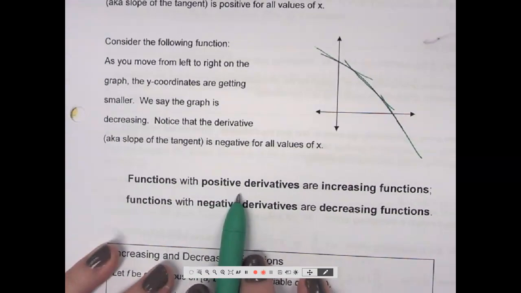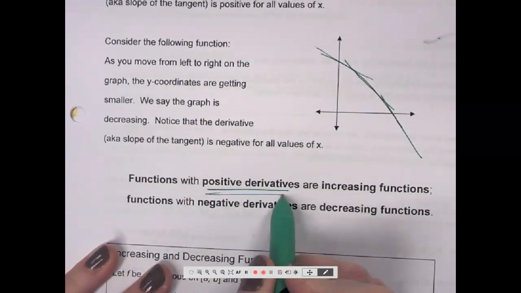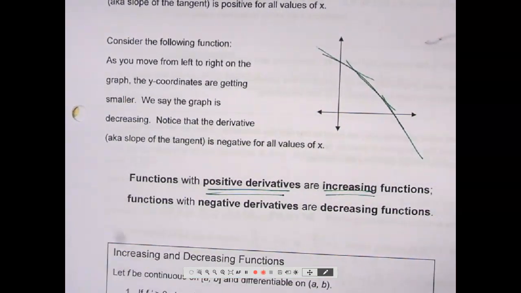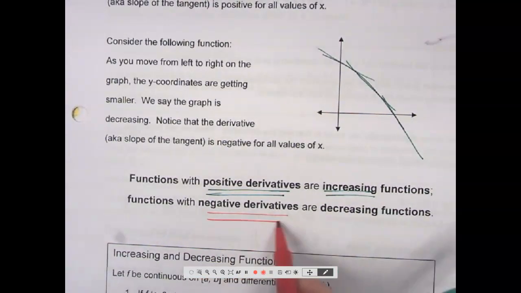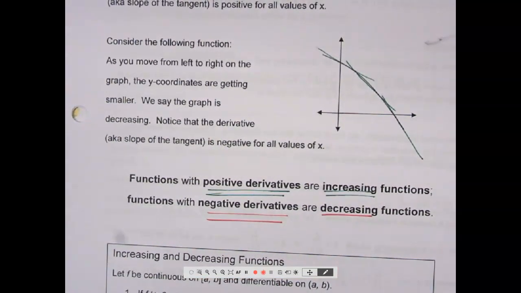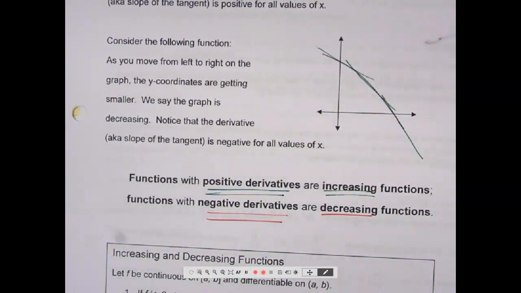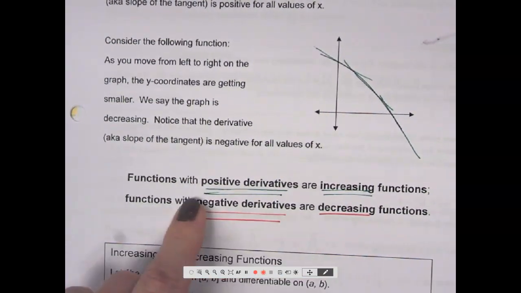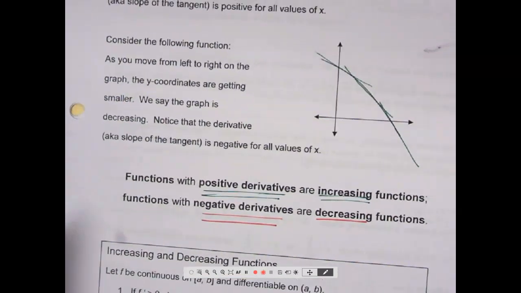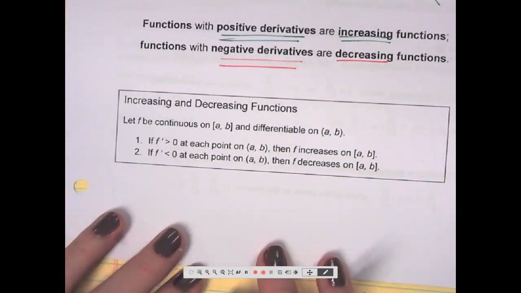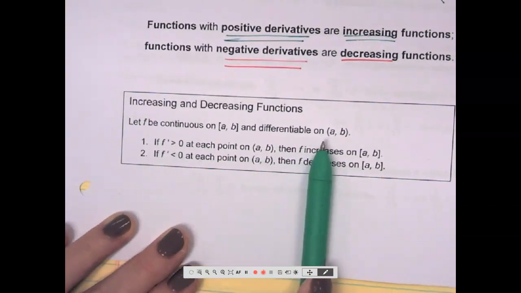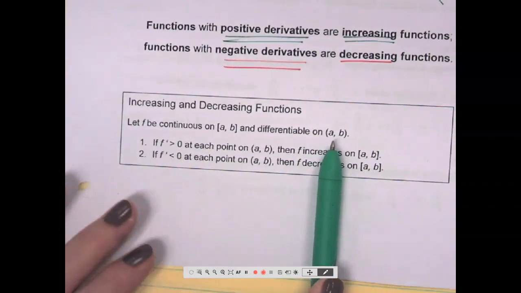Functions with positive derivatives are increasing. Functions with negative derivatives are decreasing. And the opposite is true. If your function is decreasing, you have negative derivatives. If it's increasing, you have positive derivatives. So let f be continuous on a closed interval and differentiable in between those two endpoints.